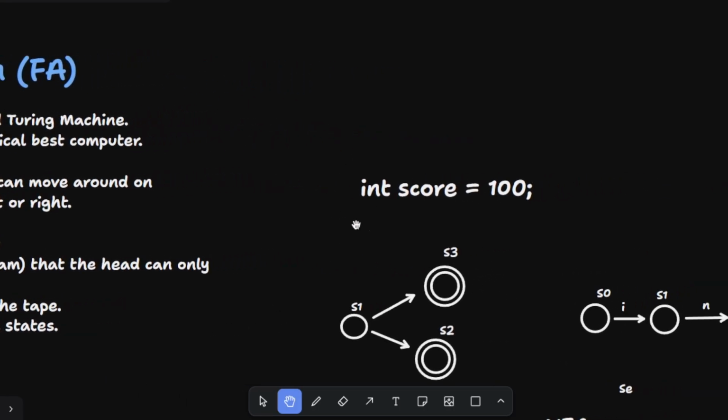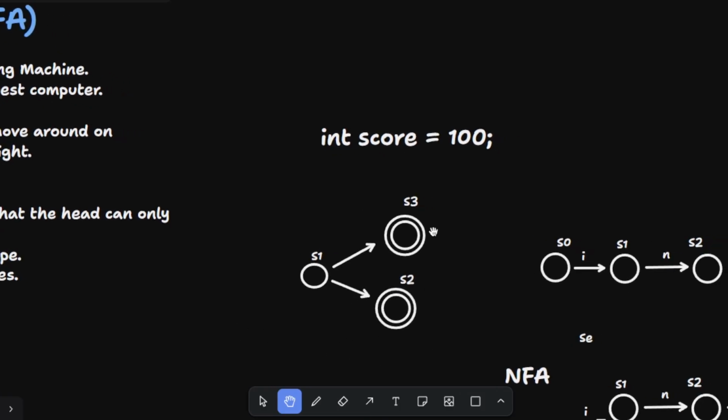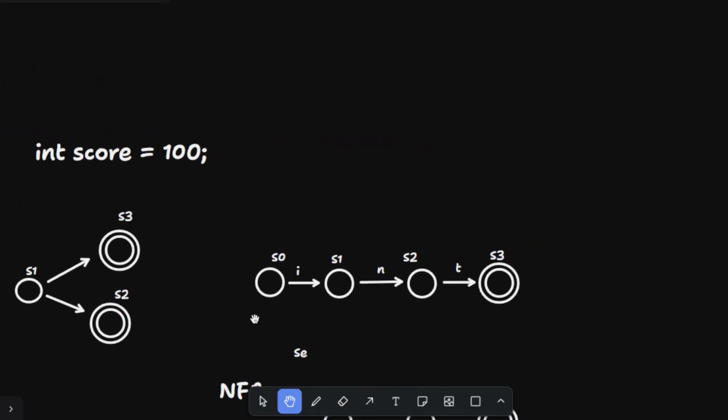So for our example right here, int score equals 100. First, if you took discrete mathematics, you're probably familiar with finite automatons. This is what they might look like. They also look like this with multiple states.